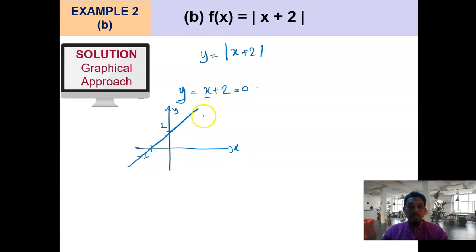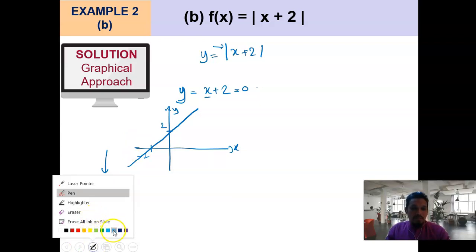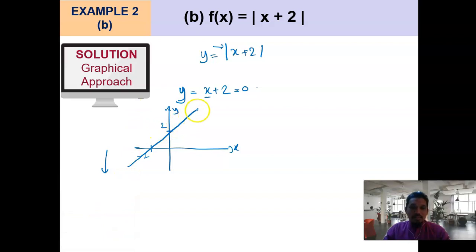But now, as I said, when it comes to this absolute value sign, all the graph that is below the x-axis will be shifted above the x-axis, the opposite of this one here. The term I'm looking for is reflect.